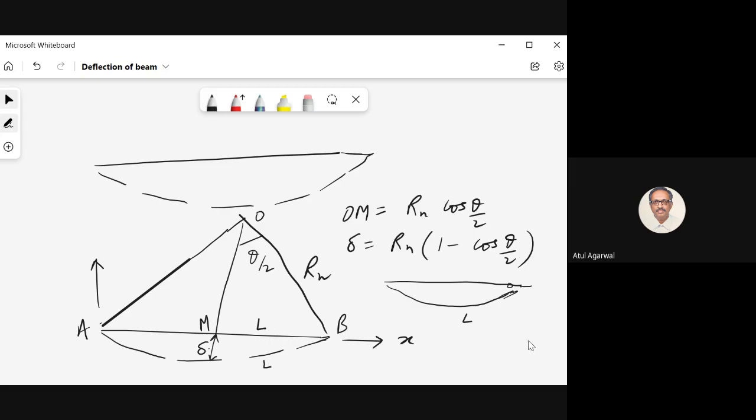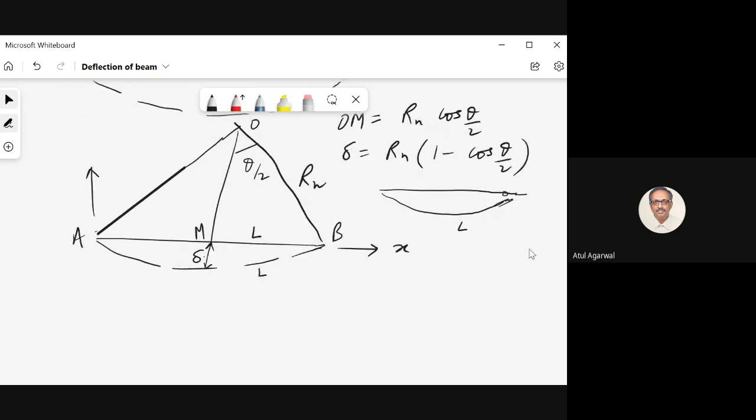Now what is cos theta by 2? If I expand cos theta as a Taylor series around theta equal to 0, cos 0 is 1.